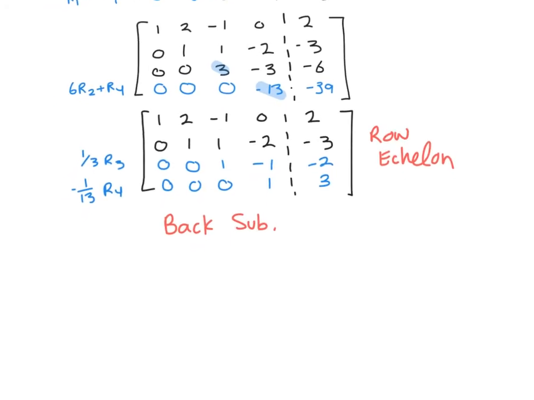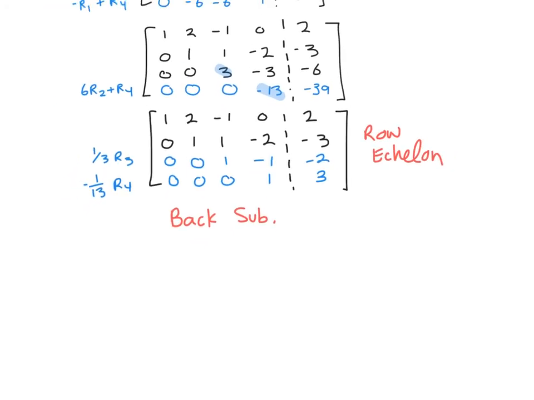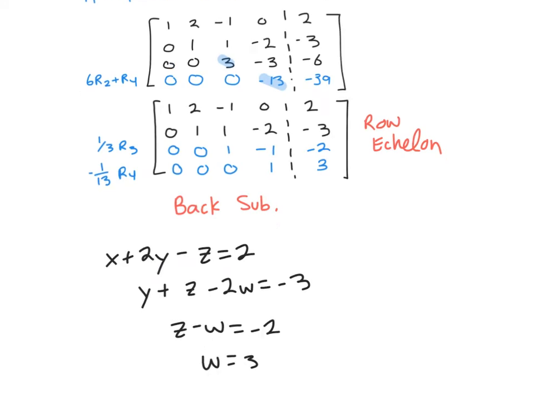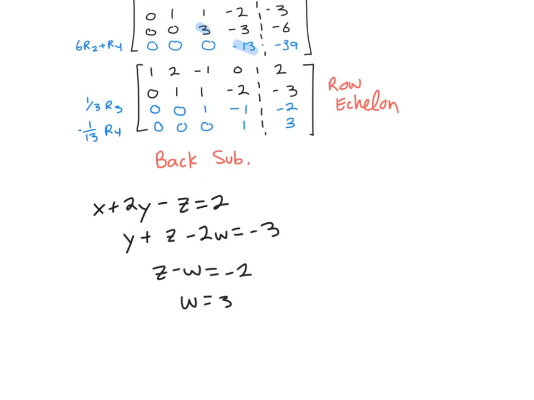So I'm going to take my matrix and rewrite it as a system of equations. So x plus 2y minus z equals 2, y plus z minus 2w equals -3, z minus w equals -2, and w equals 3. And then I just start working my way up.